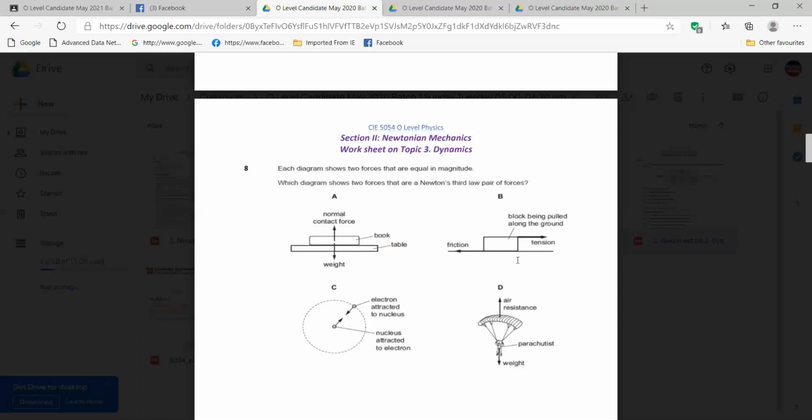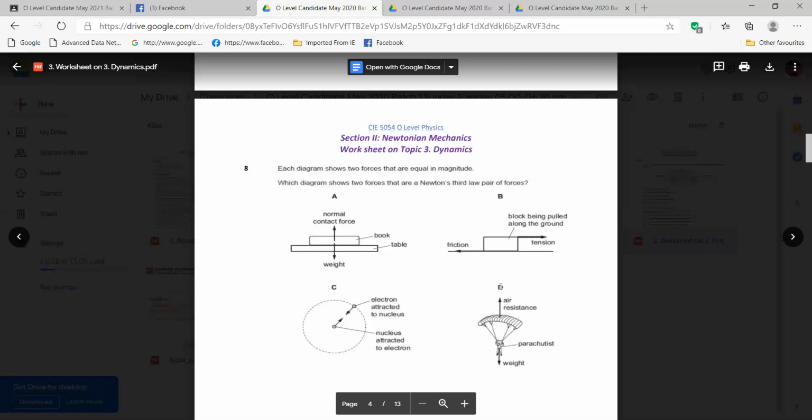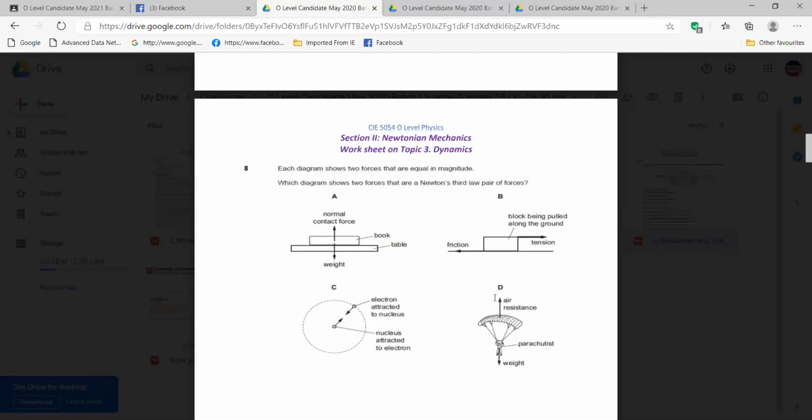Again, check the other things with this one. D: here also one object, right? Two forces, right? Yes, sir. So C will be the correct answer, most appropriate for third law pairs.